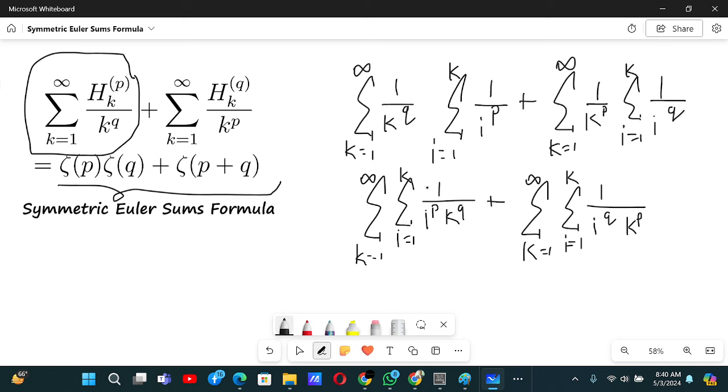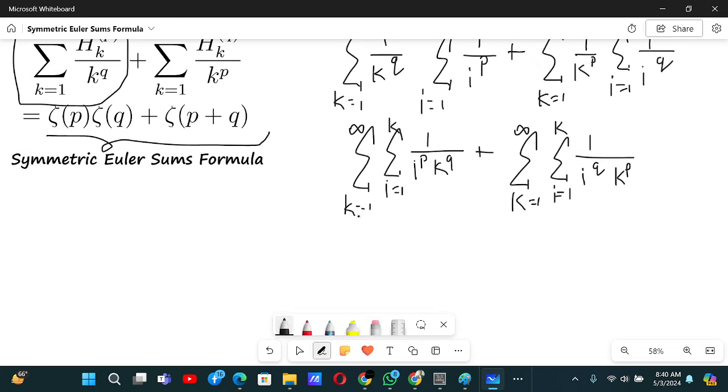Now let us try to change the order of summation in one of the sums, so that this will go from k to infinity and not just 1 to k. That will make things simpler in some way, because 1 to k and k to infinity can be added. We will see that in some time.